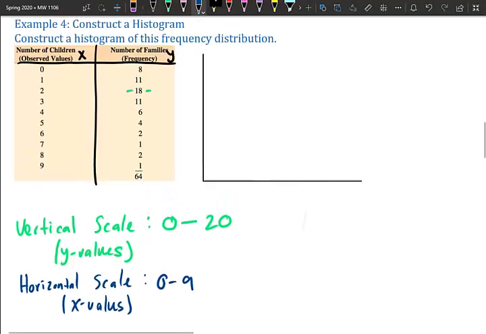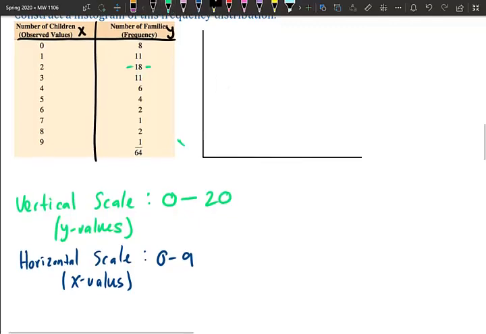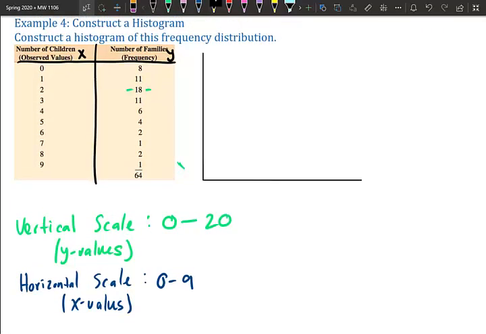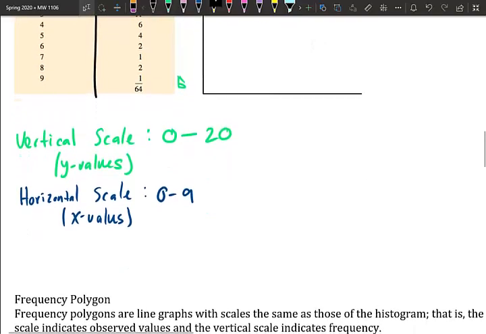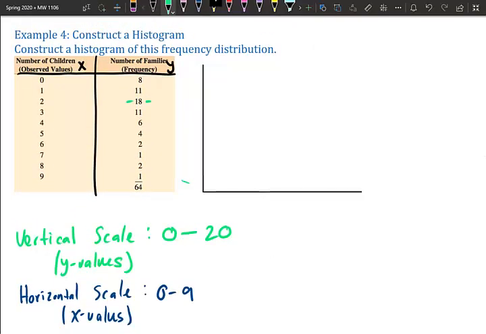So our Y values represent the number of families. I have to write sideways on here. So we have number of families. I can't write it all because I can't touch the screen with my palm, so it's weird to write.